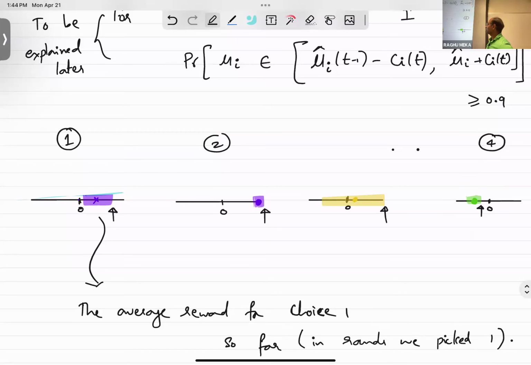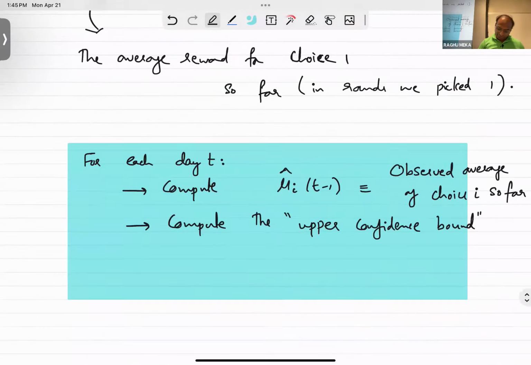If you've seen many examples, the width would be shorter. If you haven't seen many examples, the width would be higher. So a reason to pick an expert would be the actual reward is very high, like here, or the reward isn't too high, but there is a lot of uncertainty, so the upper confidence is high. Okay, so that's the algorithm.